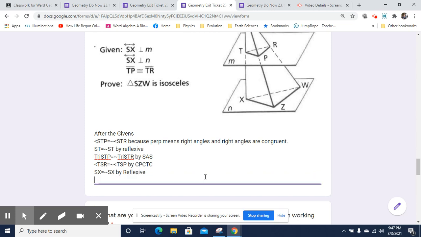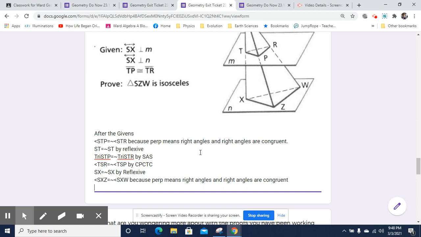We can say that angle SXZ is congruent to angle SXW because perpendicular means right angles and right angles are congruent.